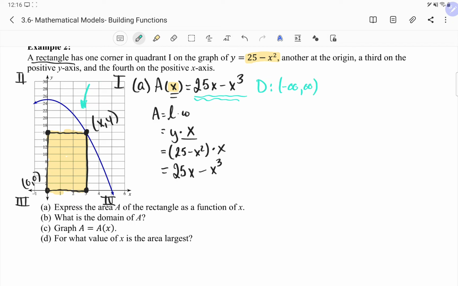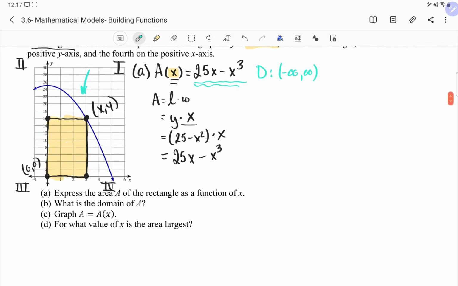If you actually graph this, that's what it is. However, in our terms, our picture is going to be from 0 to 5. So we're only looking for the area that our actual rectangle can take.